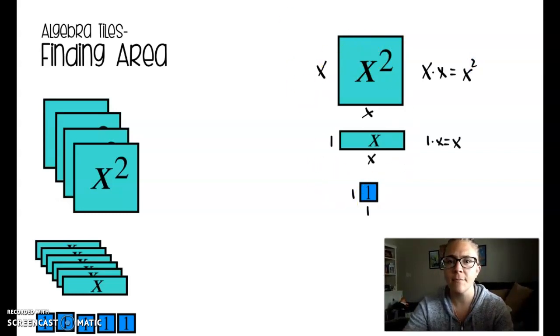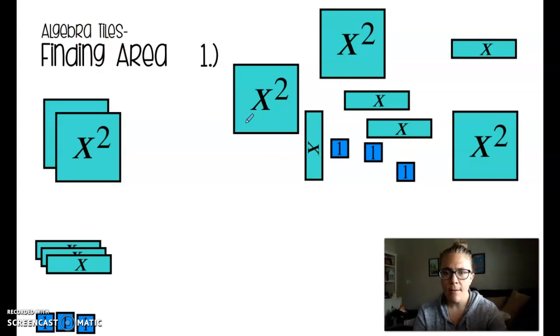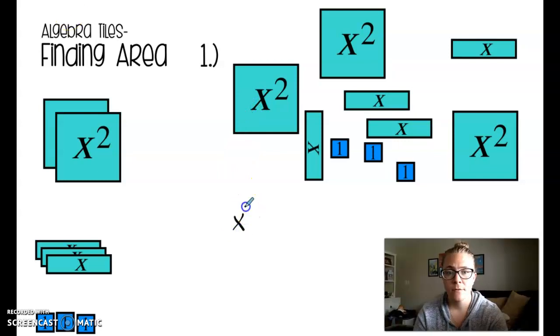So we're going to do a couple examples here. If I took a handful of algebra tiles and I just threw them out like this, I would be able to find the area by just writing out what I have. So I have an x squared tile, another x squared tile, and another x squared tile.